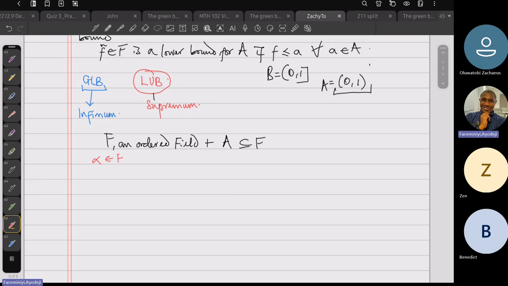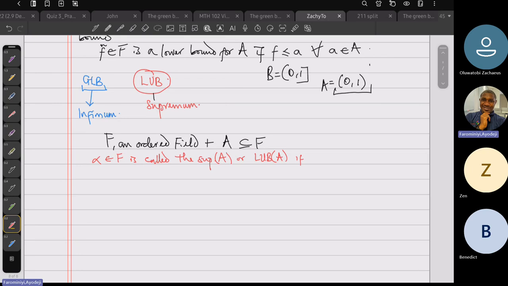But of course, we know that if it is in F, it could be in A, it could not be in A. So alpha in F is called the supremum or the least upper bound of A if it satisfies two properties.